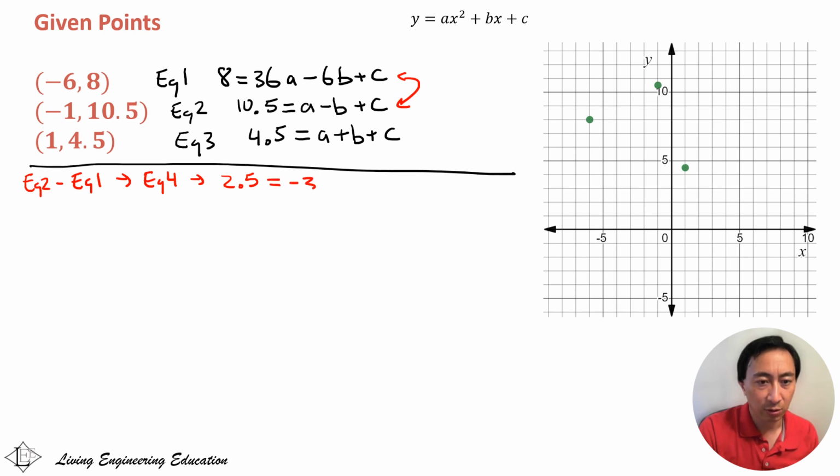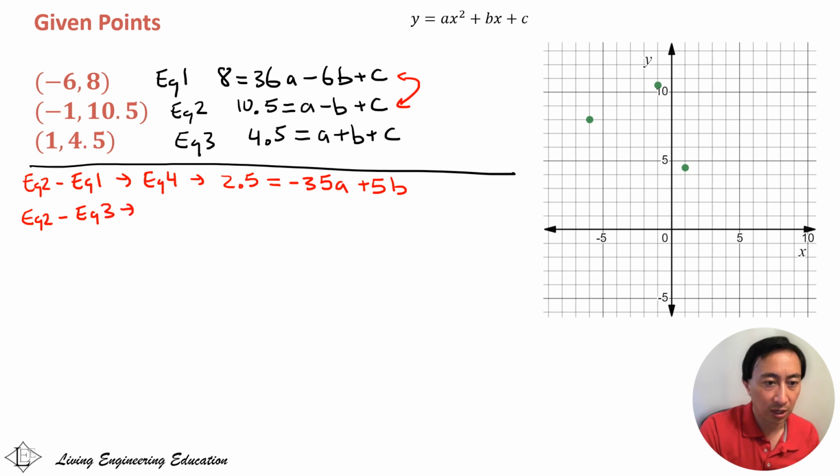This gives me negative 35a. Negative 1b minus negative 6b. This will give me plus 5b. And then minus c. C minus c. So those cancel out.